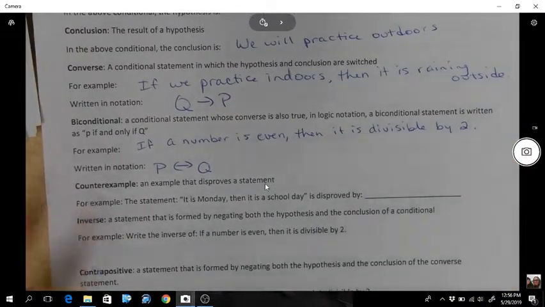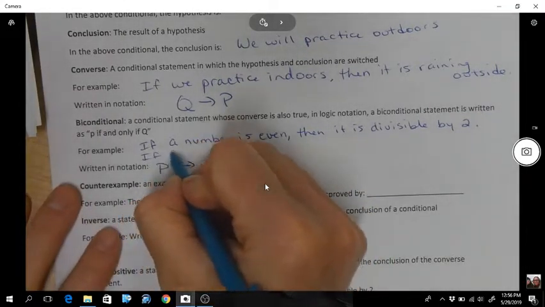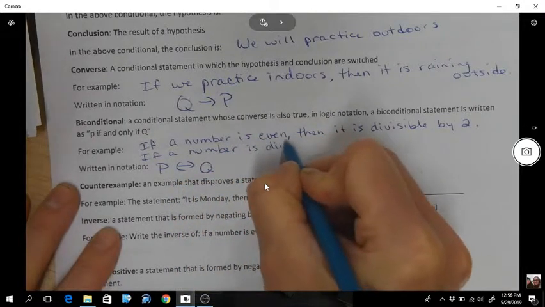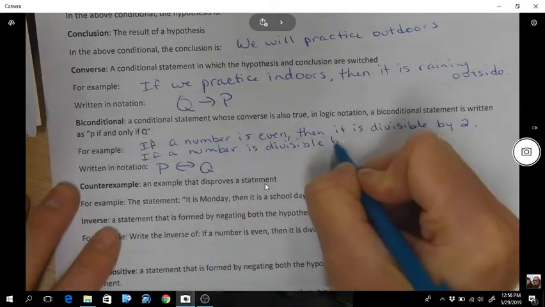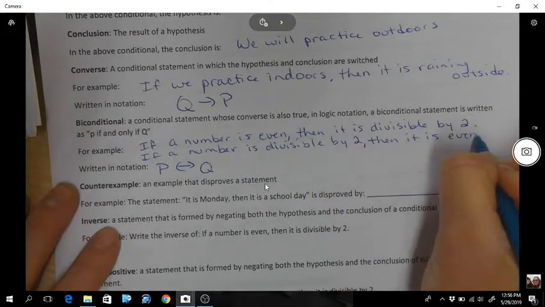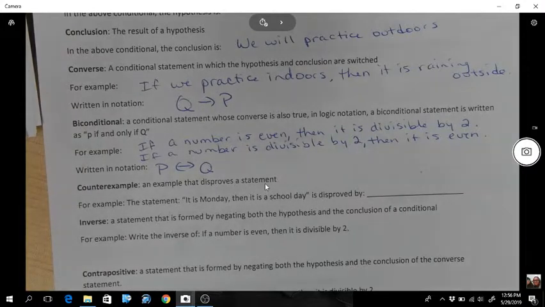That is true. And if we write the converse, it also has to be true. So if a number is divisible by 2, then it is even. So for biconditionals, the conditional and converse have to be true.